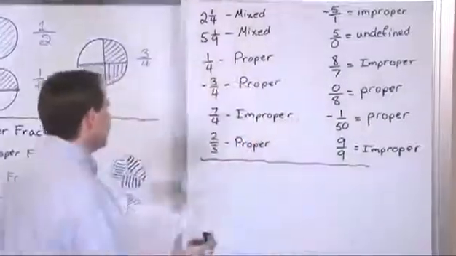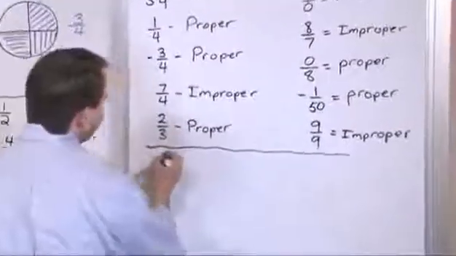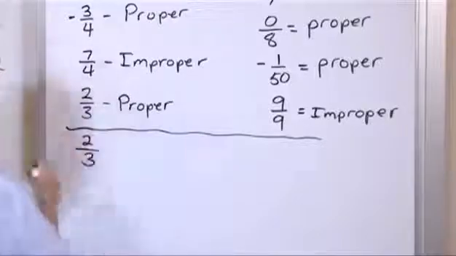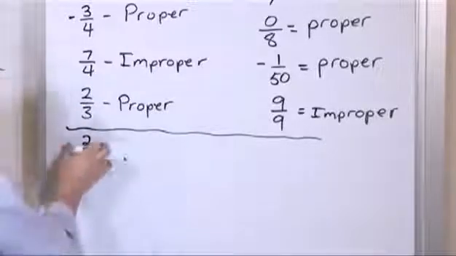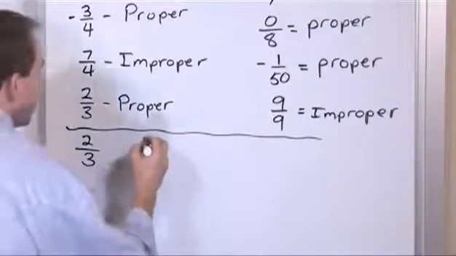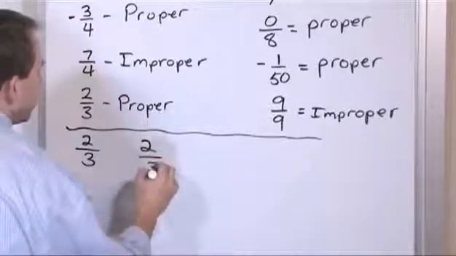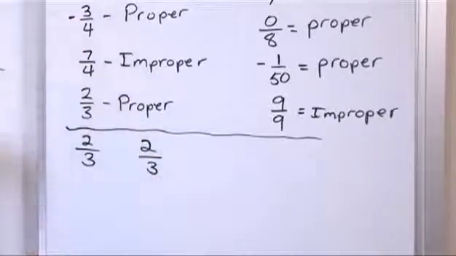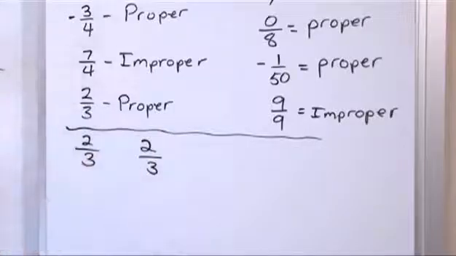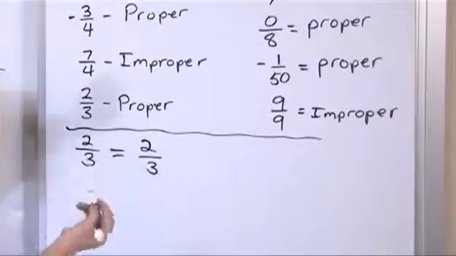So if I tell you I have 2/3 of a pizza, let's say, 2 slices out of 3 whole pieces, and I tell you that you have 2/3 of a candy bar, which is if you cut the candy bar into 3 pieces and I have 2 pieces, then speaking in terms of fractions, you would say these 2 fractions are equal.